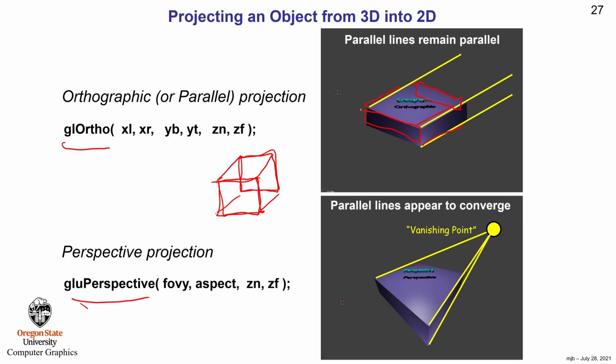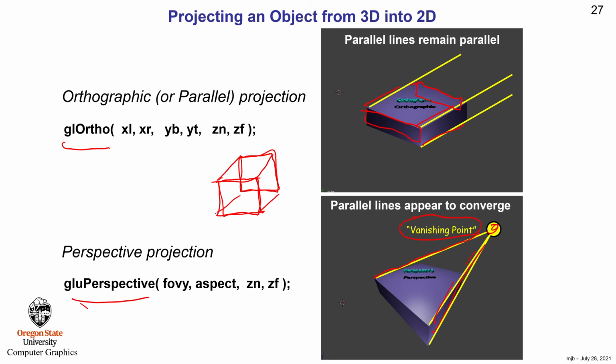Perspective also has this thing called a vanishing point, and you probably ran across this in an art class. If you take lines on the object that go backwards and you extend them, they'll meet at a certain point. You can see this in artwork.